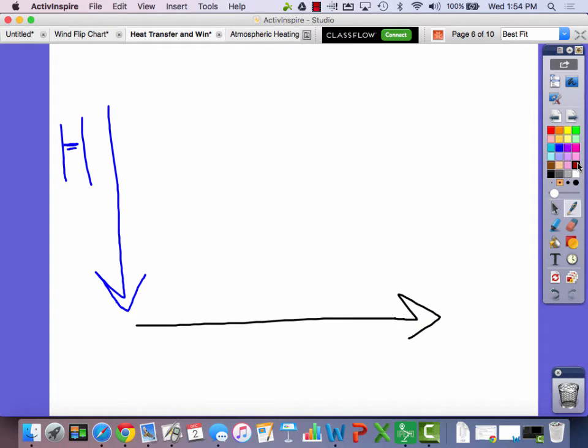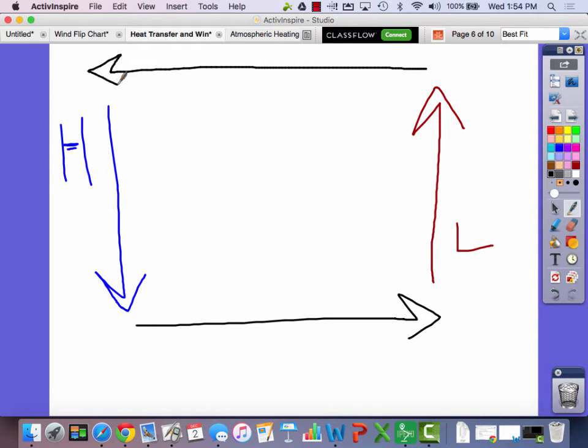So over here, we have some low pressure. And low pressure air is warmer, and it's going to rise. Now, when it gets up higher in the atmosphere, it's colder. So that air is going to cool off and head back over here to the cooler air.